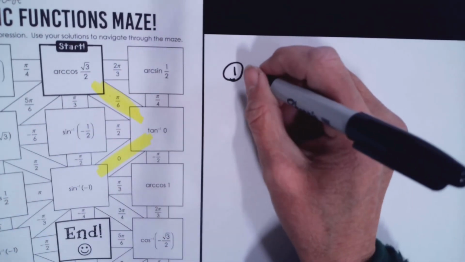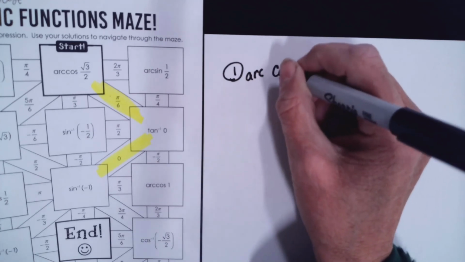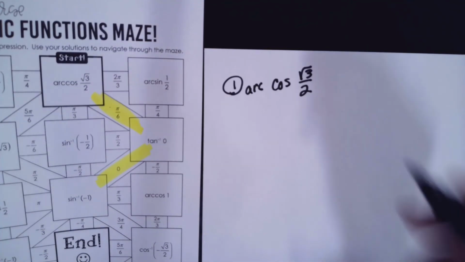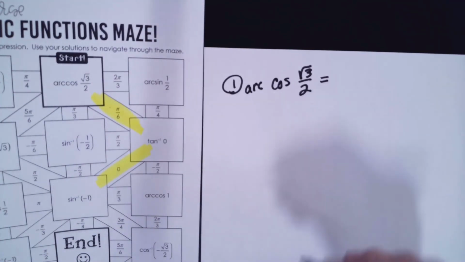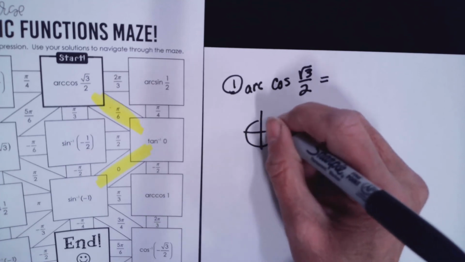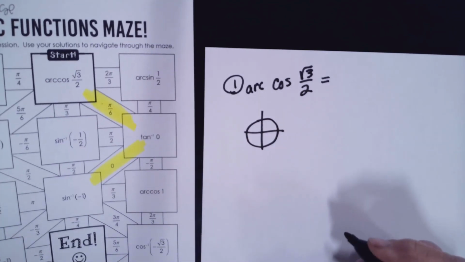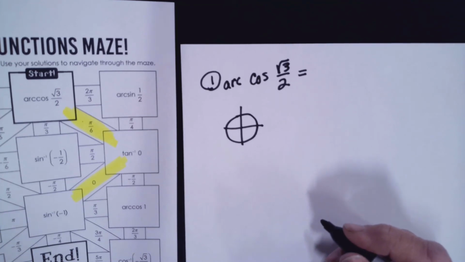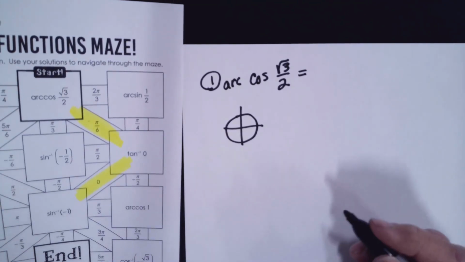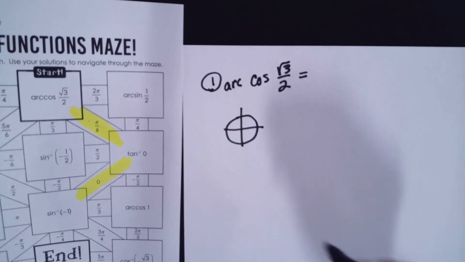And you're going to write arc cosine of radical 3 over 2. And then I think it's really helpful to either look at the unit circle, or even more good practice for you to sketch the unit circle and think, okay, well, where on the interval from 0 to pi is the cosine equal to radical 3 over 2?